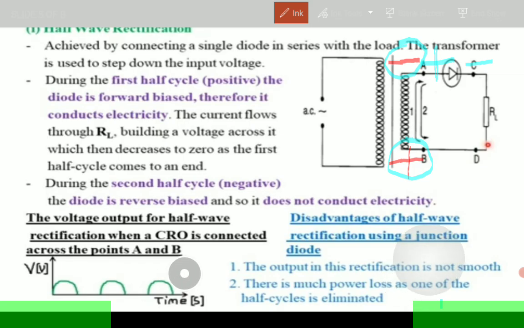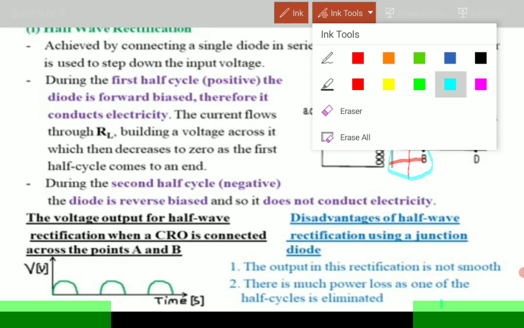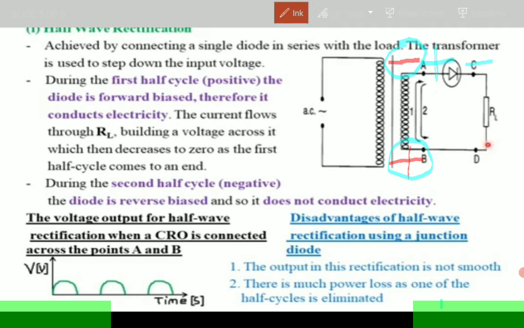They may ask you in an exam to state the disadvantages of rectifying current like this. One of the disadvantages is that the output current is not smooth, meaning that the current is not perfectly flowing in a straight line like this.